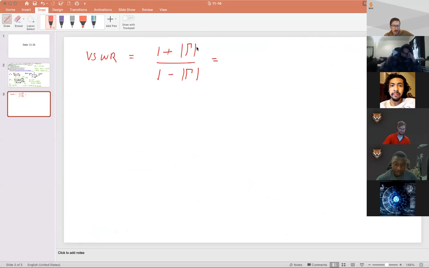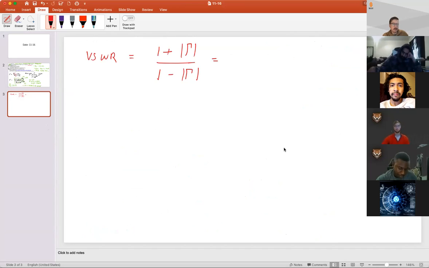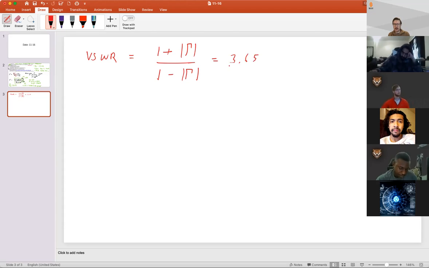You can derive that using the expression from the magnitude of the reflection coefficient. So did anyone get a number for this? I got 3.65. Yeah, if you have the reflection coefficient already, this one's fairly easy to calculate.